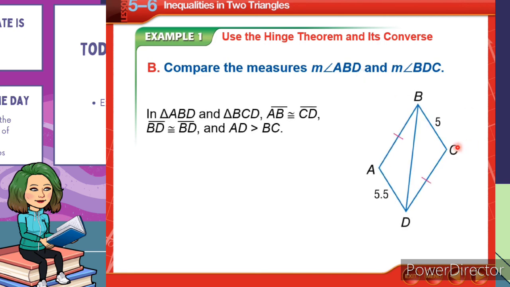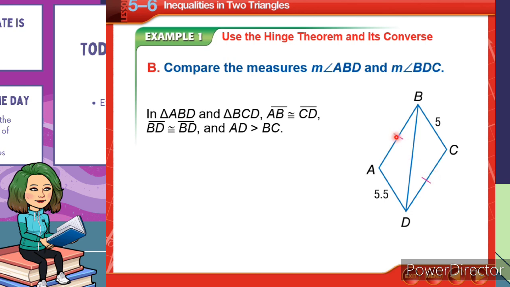So, here's your example. We have here a quadrilateral with 4 distinct points, namely point A, B, C, and D. And we also have here, given, in triangle ABD and triangle BCD, side AB is congruent to side CD. May tick mark siya. So, it tells us that they are congruent.